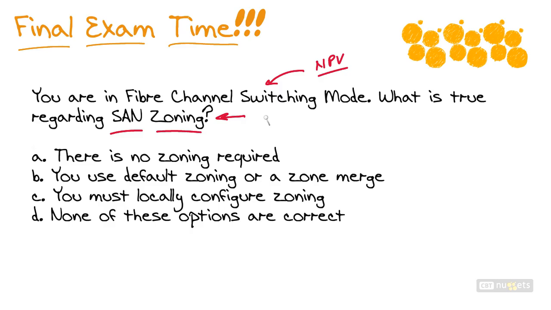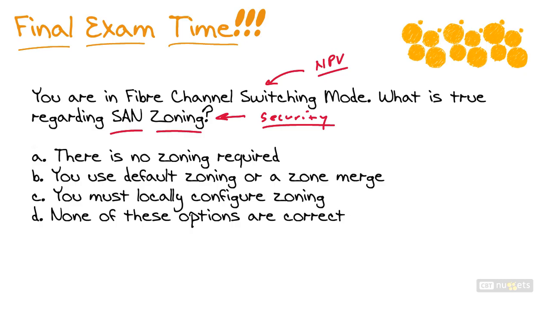We often do this for security purposes, right? We can compartmentalize blocks of our physical storage area network environment into these logical configurations. I love it. So, what's true about SAN zoning when we switch over to fiber channel switching mode?